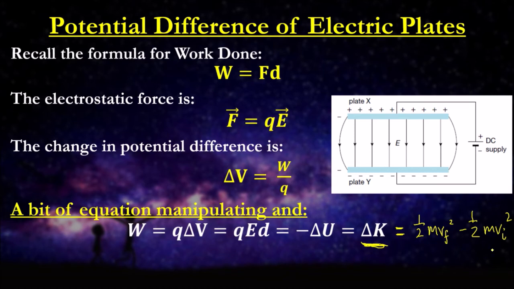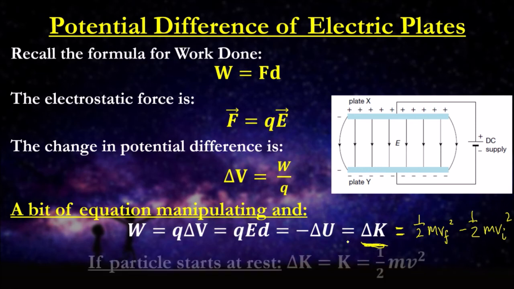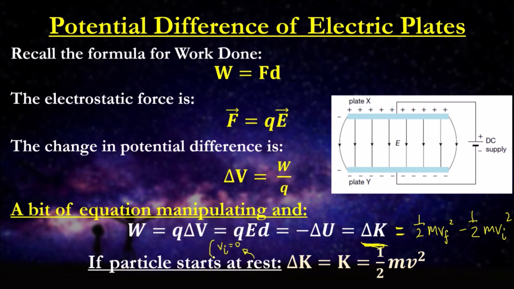So if it was originally at rest, we can express the formula like so. If it's at rest, that means Vi originally was 0. So if this is 0, we get half mv final squared. So we can express the change in kinetic energy this way as well.